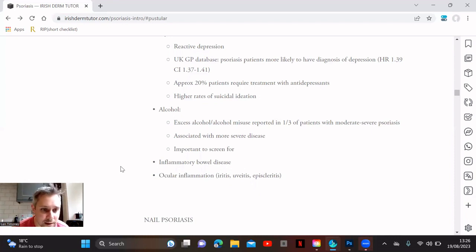And as mentioned, it can be associated with more severe disease, and it's important to screen for when you're seeing psoriasis patients, as it can also impact your decision to do certain treatments, for instance, methotrexate, which can impact the liver. And then other associations, which I won't go into much detail about, include inflammatory bowel disease and sometimes ocular inflammation.